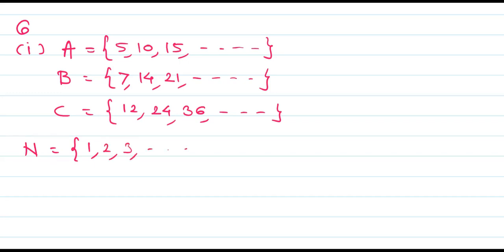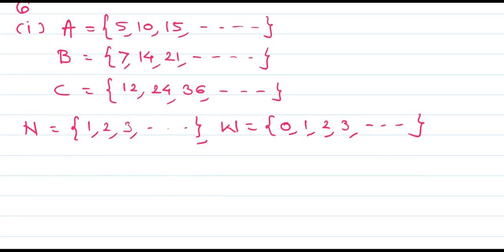Now the set of natural numbers contains 1, 2, 3 up to infinity. W: 0, 1, 2, 3 up to infinity. I is equals to, these are the set of integers: 0, 1, 2, 3 up to infinity, minus 1, minus 2, minus 3 up to infinity.